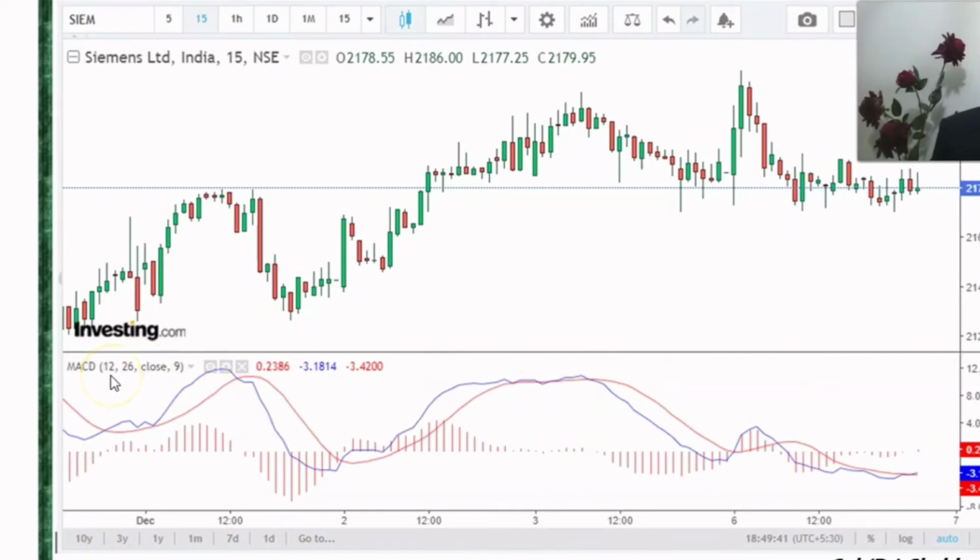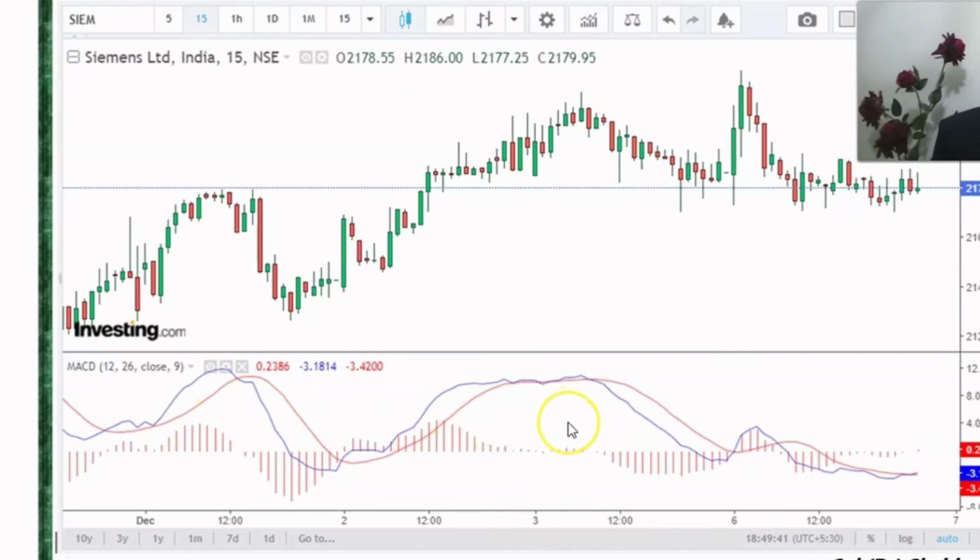See, all this, the 12 period exponential moving average, 26 period exponential moving average, and this 9, everything is calculated automatically and plotted here. As the candlestick graph keeps moving with the passing of time and days, this graph of MACD will also keep on moving accordingly. You don't have to worry.